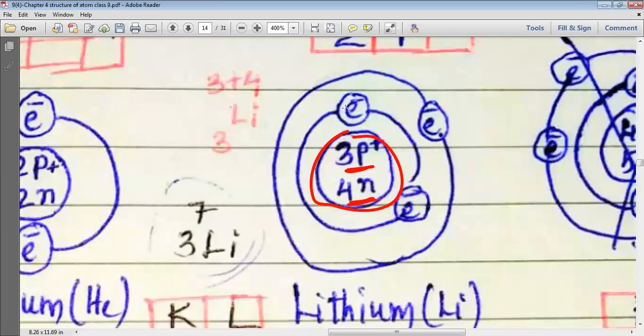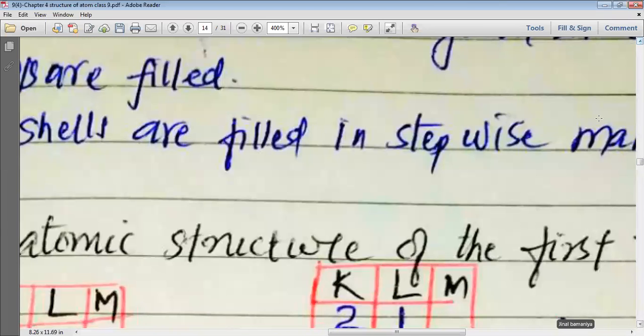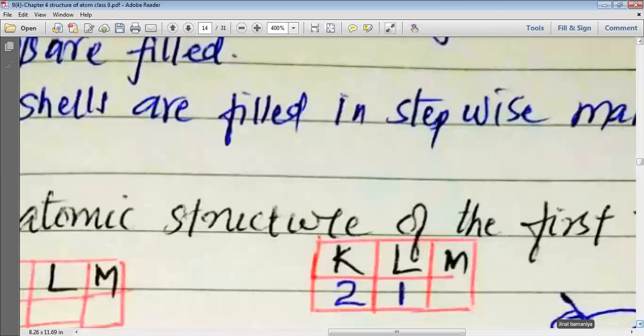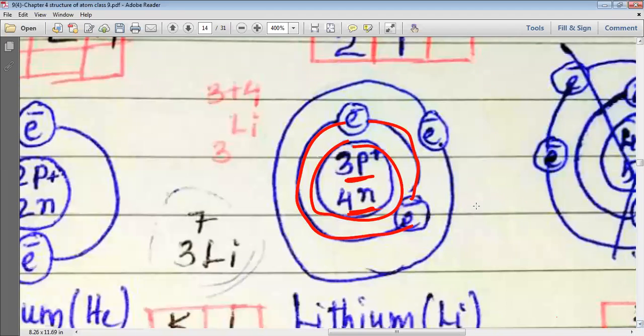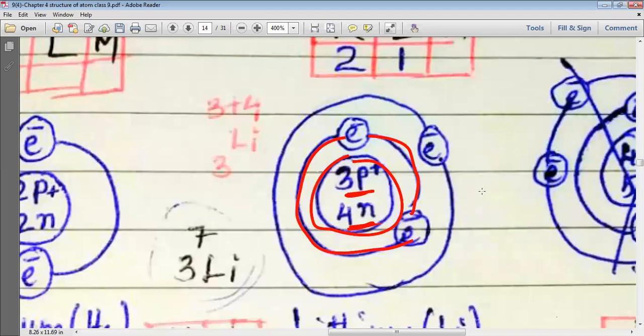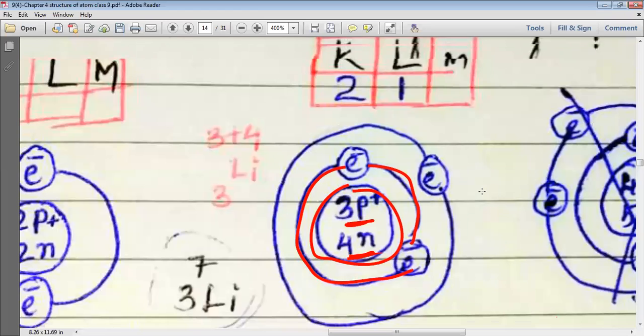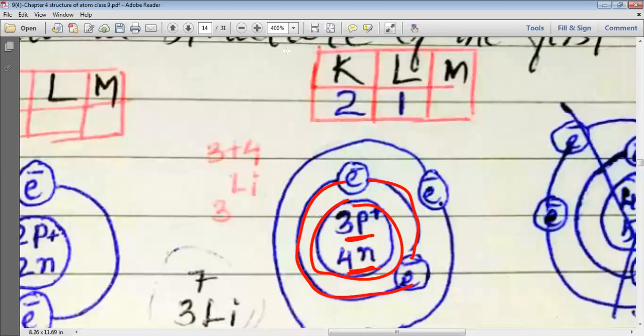Now in the first shell, you will come to know that it has one orbital, that is the K shell of lithium, and it has 2 electrons. You can see that I have represented 2 electrons in the K shell of lithium.